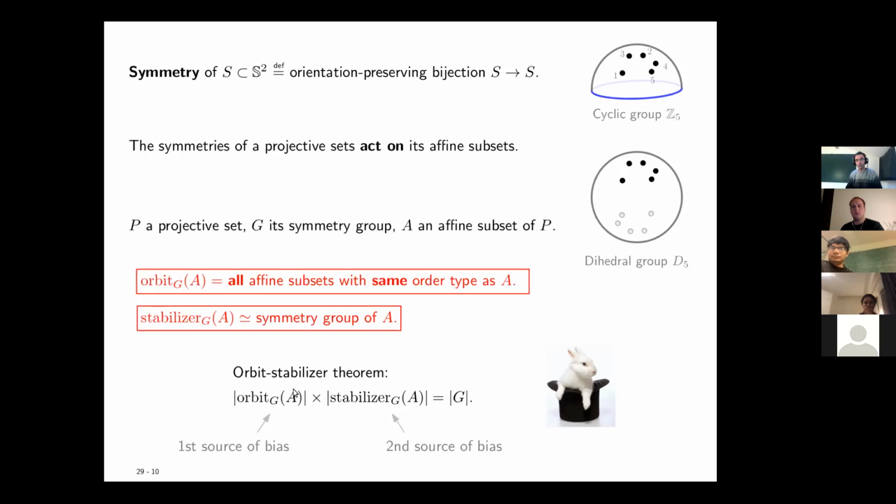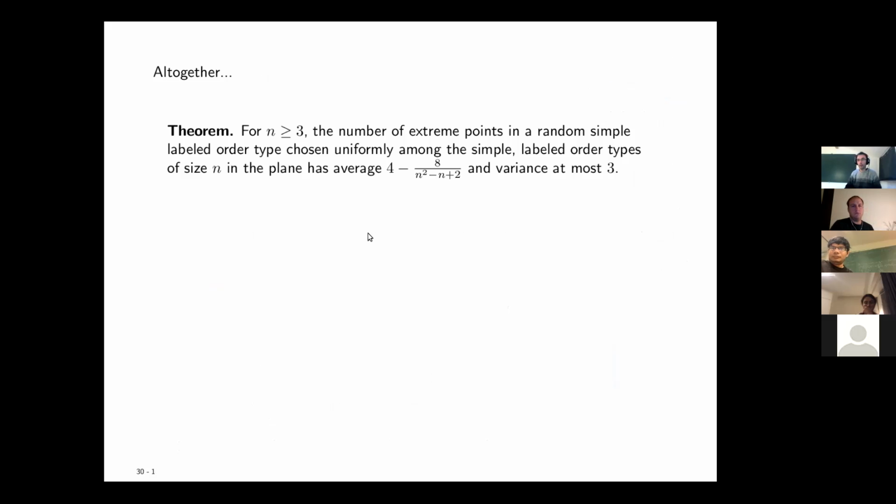So this is the source of our first bias. This is the source of our second bias. And the product is independent of A. It only depends on G, which comes from the projective point set P. And so that's how we get our first result.